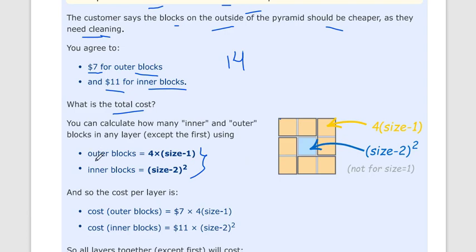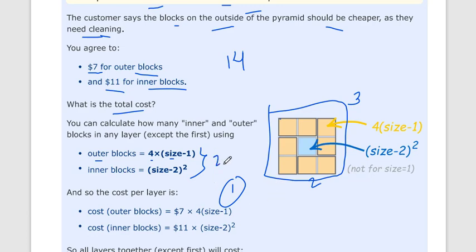The number of outer blocks is equal to 4 times size minus 1. It is not valid for the first layer, because the first layer is only one block. It is valid for the second layer and above.